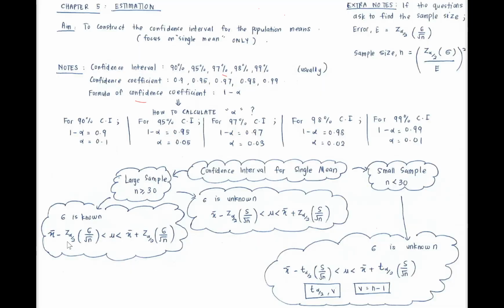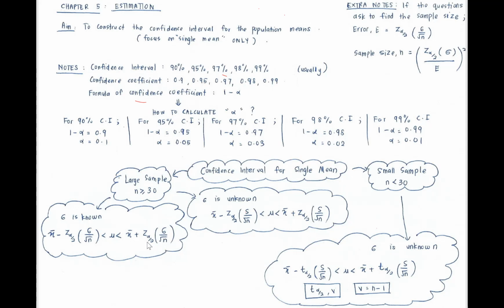Okay, now we already have this value. Z alpha divided by 2 is equal to 1.96. Now the X bar is the mean of the samples. Sigma is the standard deviation of the population. The n is the number of samples.